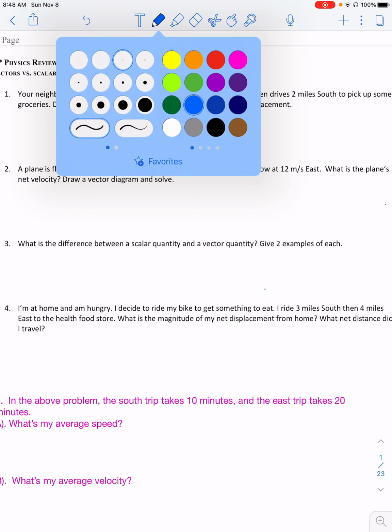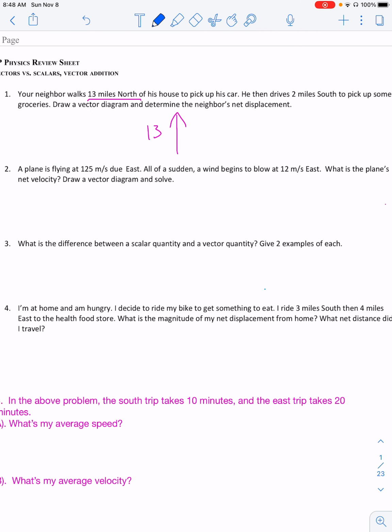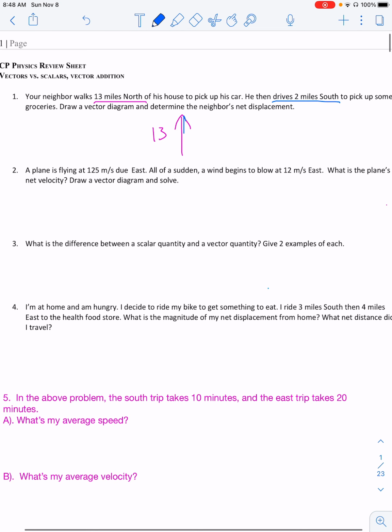And then I drive 2 miles south. Make the arrow much smaller because 2 is much less. And south means -2. Downwards is negative, upwards is positive, or north is positive, south is negative.